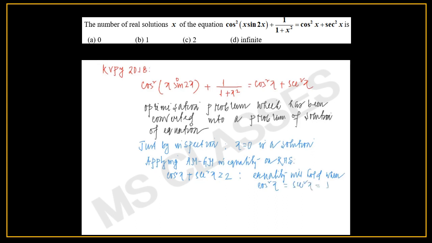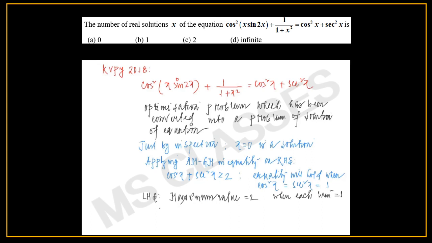But if we focus on the LHS part, the maximum value is 2. And when is that possible? When each of the terms is equal to 1.